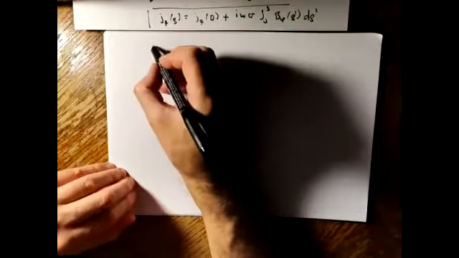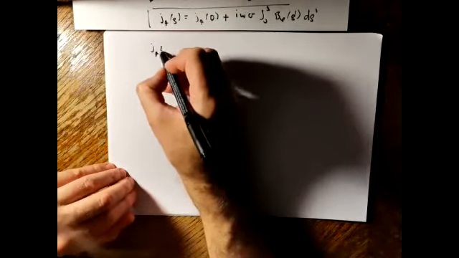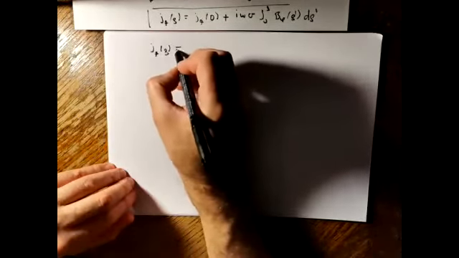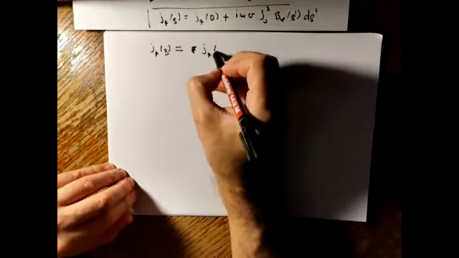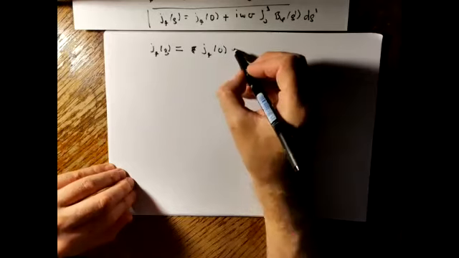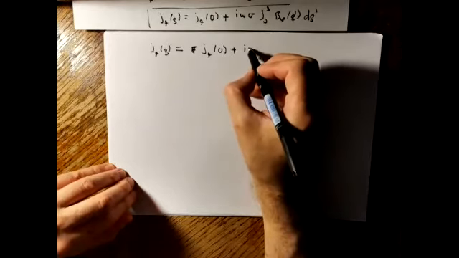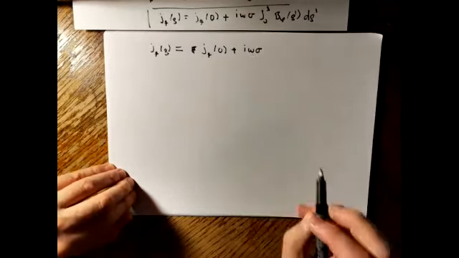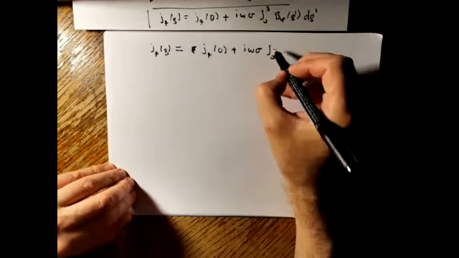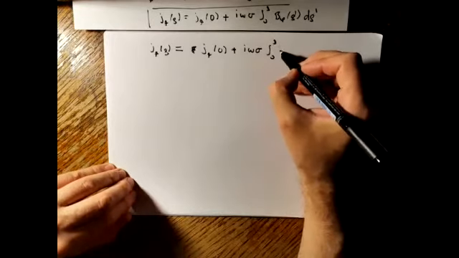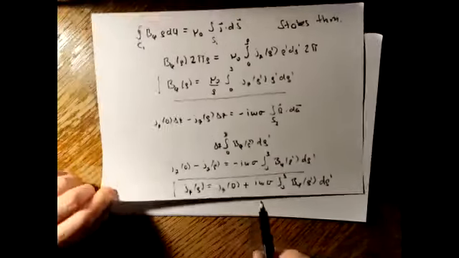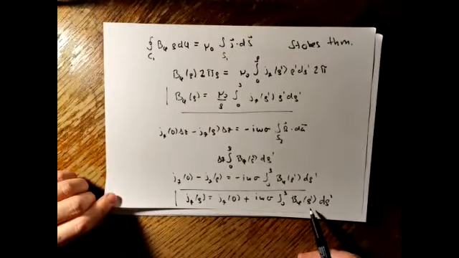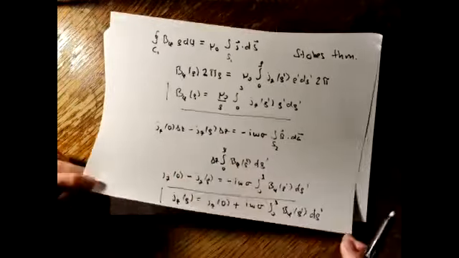So I have Jz rho is equal to Jz0 plus I omega sigma, integral 0 to rho, d rho prime, but now I have to write b phi rho. I'm going to write that from this equation.